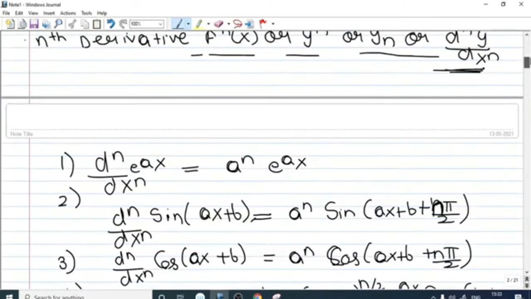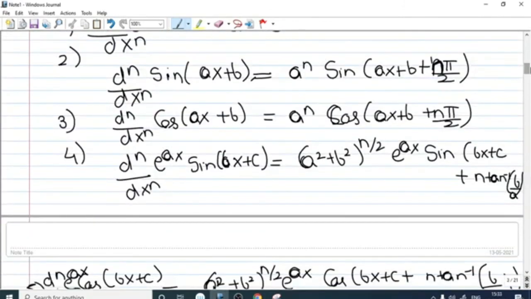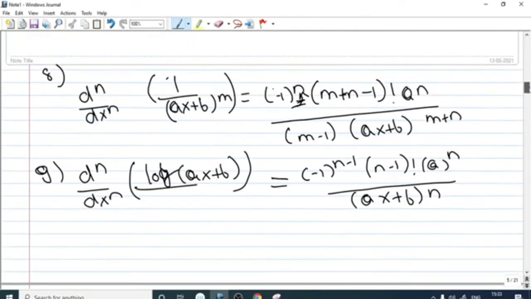You will wind up the lecture here, because you need to first revise all these formulas, then only you will be able to understand the next lecture. So go through all these formulas properly. I have not derived these formulas, but you need to learn them. They are very important.